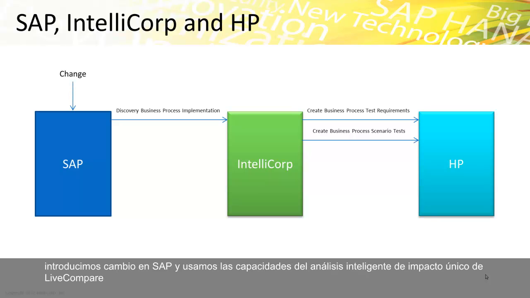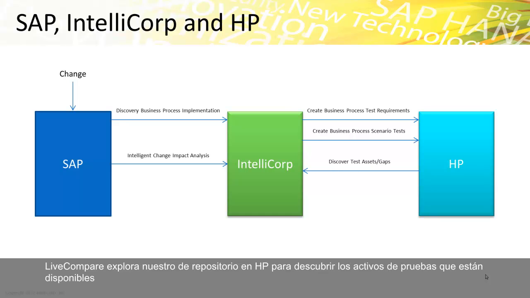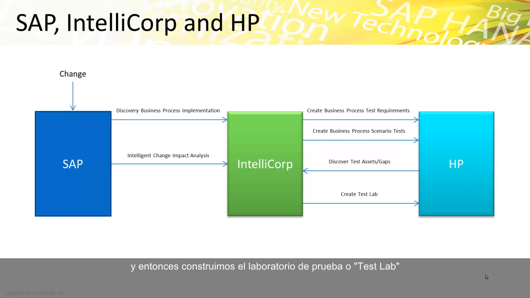We've introduced change into SAP and used Live Compare's unique intelligent change impact analysis capabilities to identify the most at-risk transactions that we should test. Live Compare scanned our HP repository to discover the test assets that are available, as well as identifying any gaps. And then we constructed a test lab based on those identified and matched test assets.